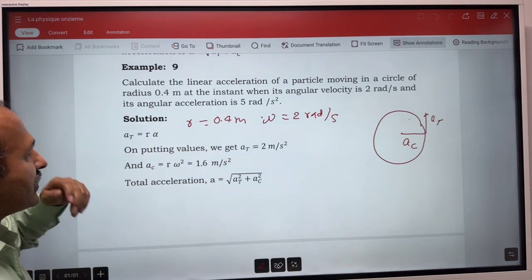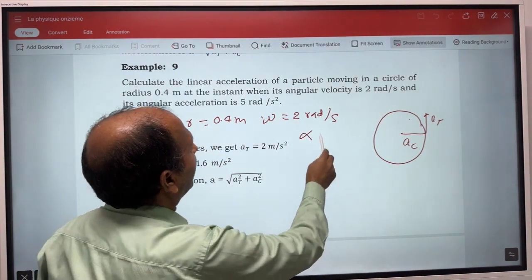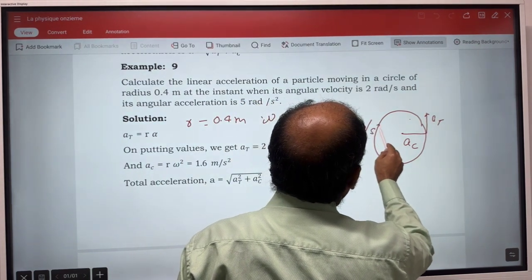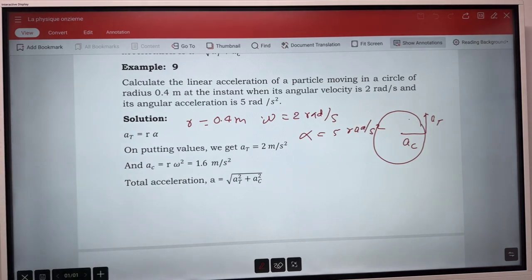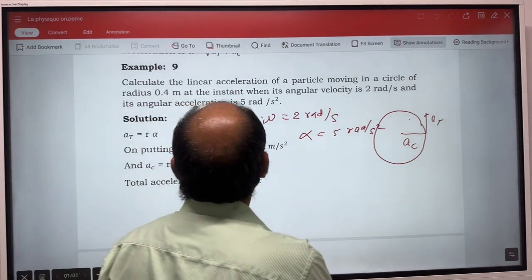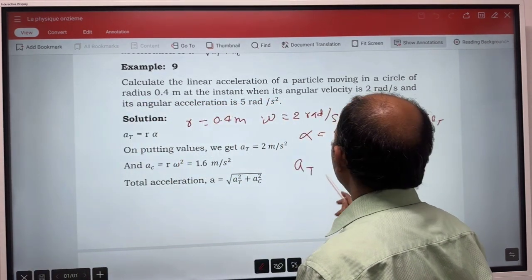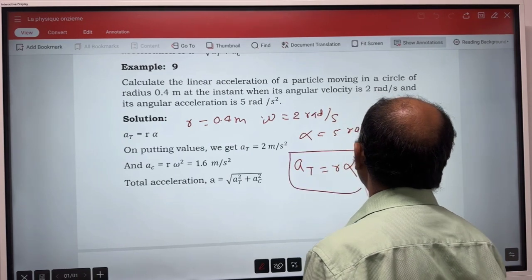Angular acceleration is also given, meaning alpha is 5 radian per second squared. So our concern is to get the total acceleration. First we will evaluate the tangential acceleration. What is that? It is r alpha.